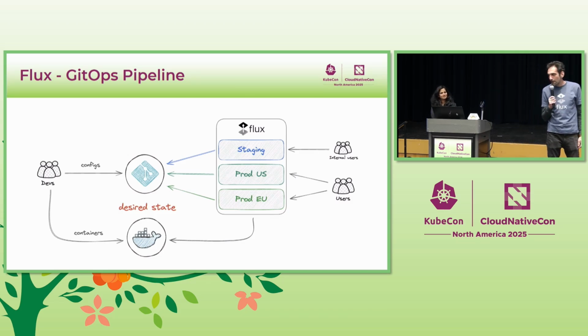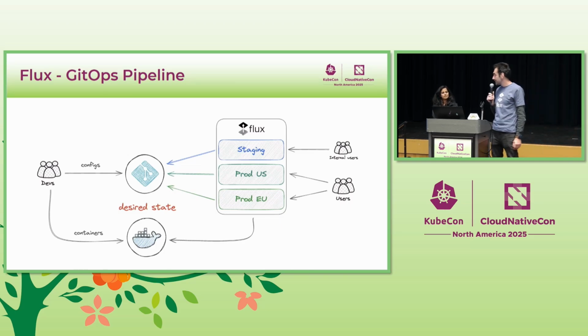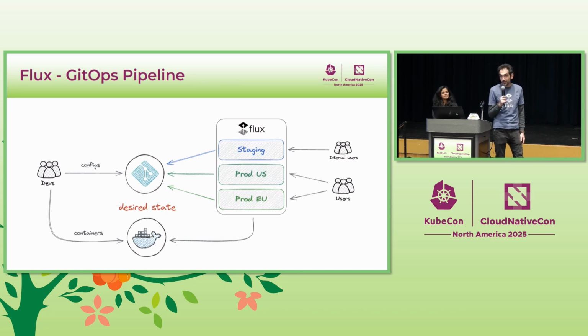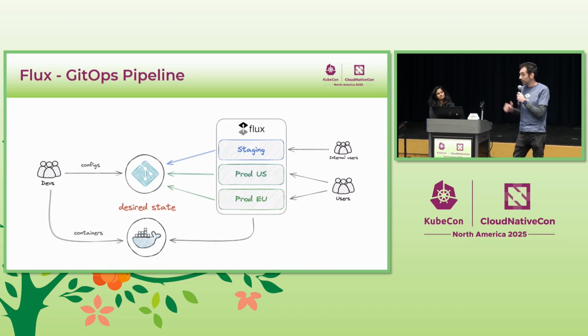You have a Git repo, or one, maybe more, where you store your YAMLs, your charts, everything that's part of the configuration, and you have one or more container registries where you store your container images. So every time you want to change something on your cluster, you have to modify both storages.